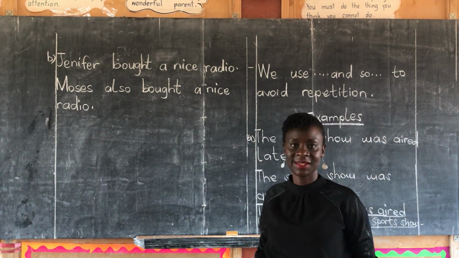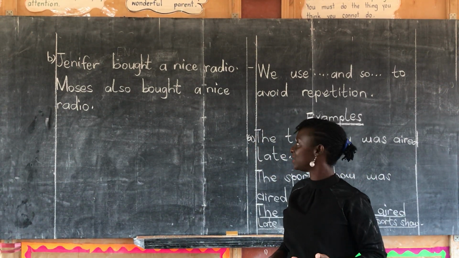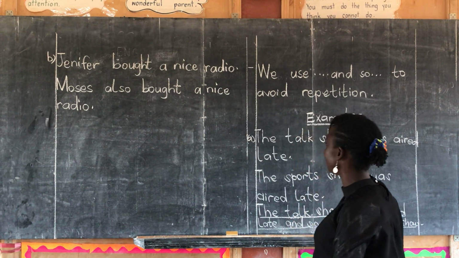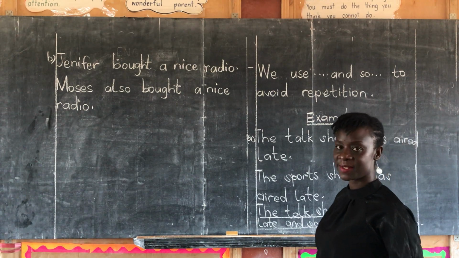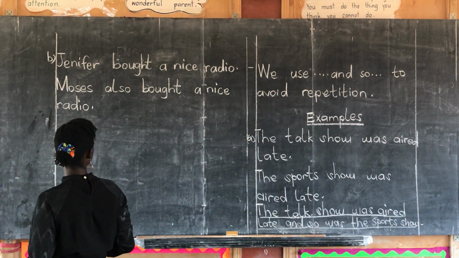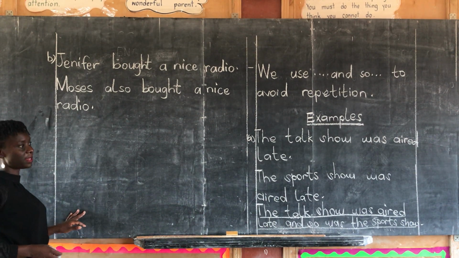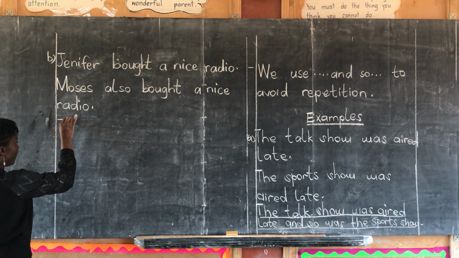Jennifer bought a nice radio. Moses also bought a nice radio. What is our expected answer? Okay, let's see if you are thinking about the same answer as the one that I'm going to write.